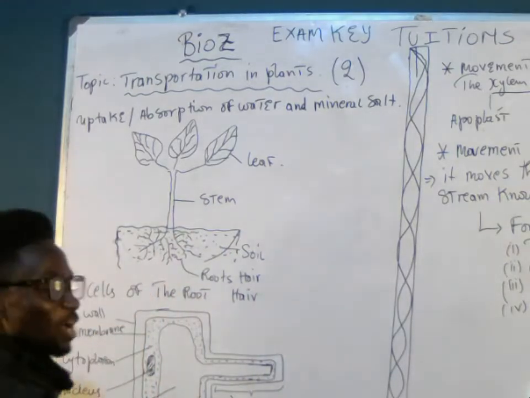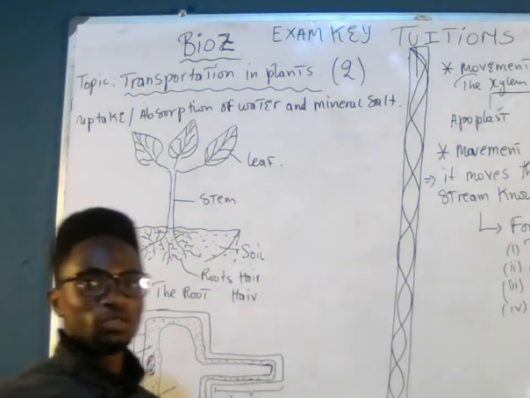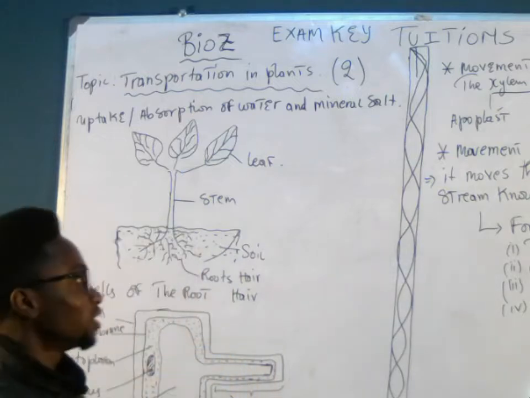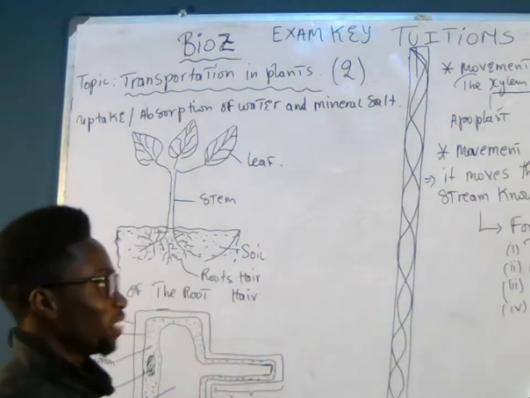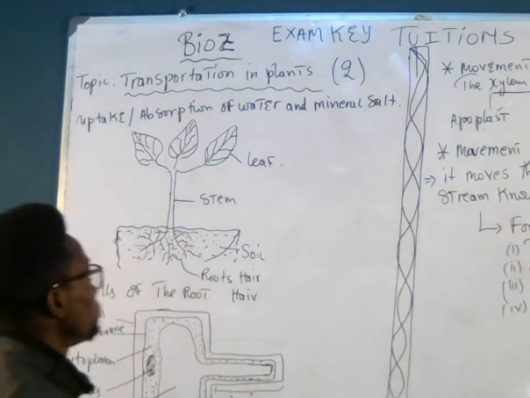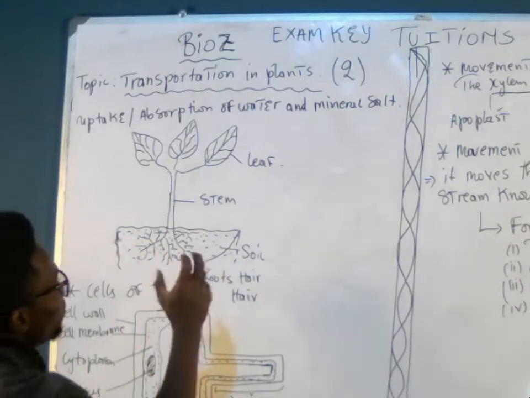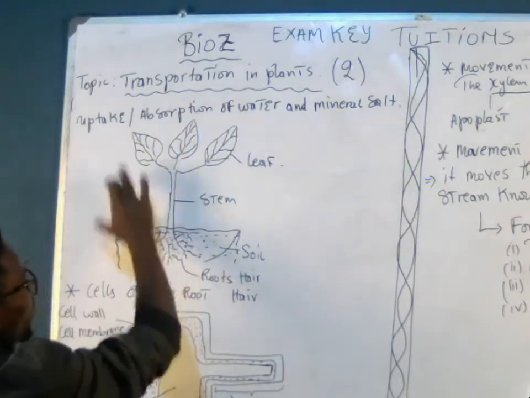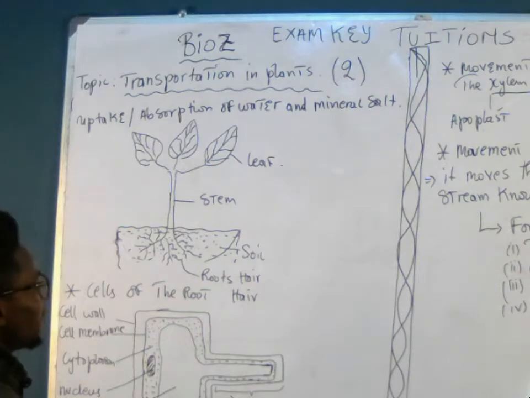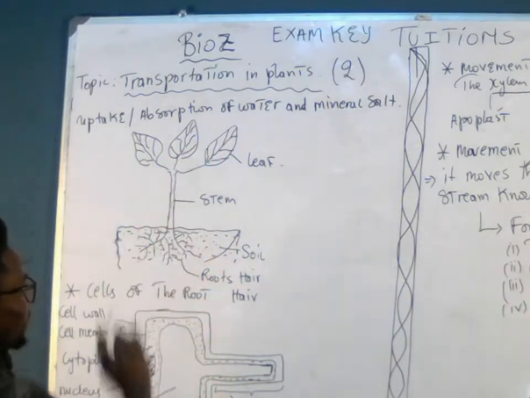Phloem's major function is to transport manufactured food to other parts of the plant. The xylem moves upward, whereas the phloem moves downwards.